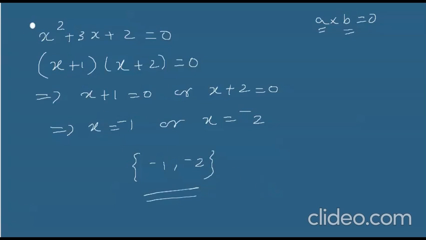A quadratic equation has two solutions. Clear? We will discuss later how many solutions are possible for a quadratic equation. Anyhow, here you can see there are two solutions. So this is how you have to factorize it and find the solution.